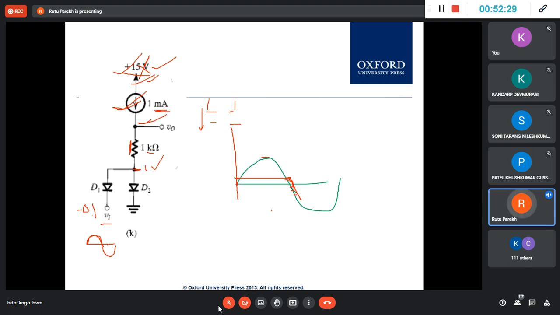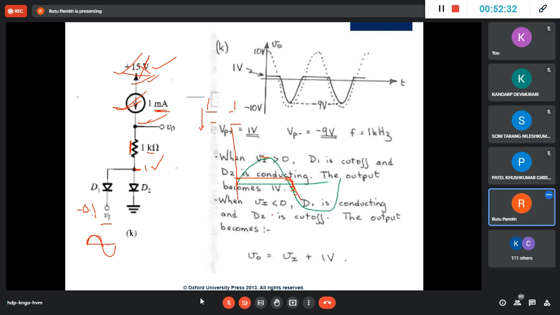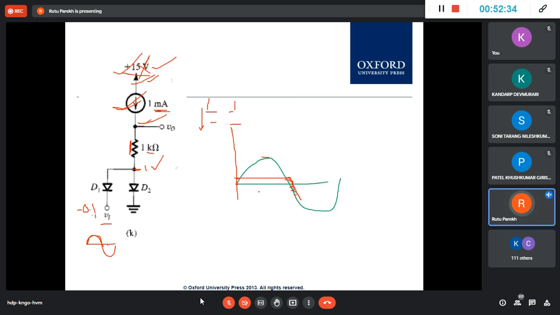Are you getting me? So let me show you here. When you talk of peak, when it is minus 10 volt, what will happen? Minus 10 plus 1. So if you talk of the peak, it will be minus 9.